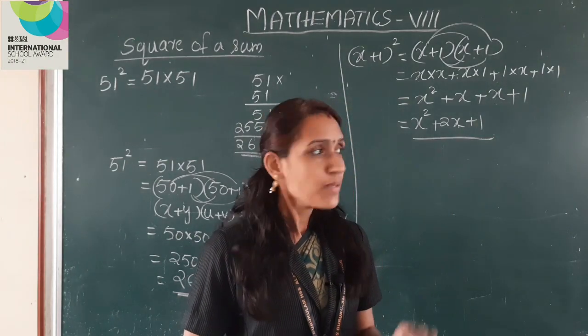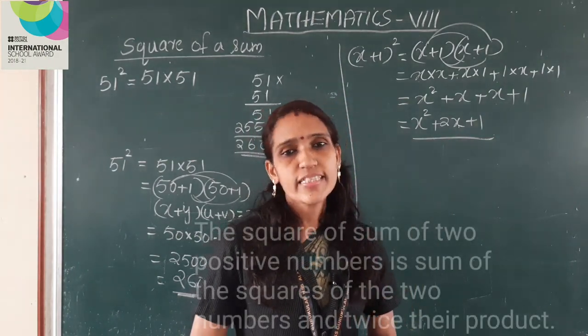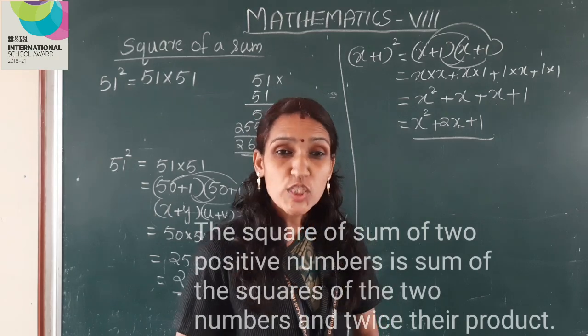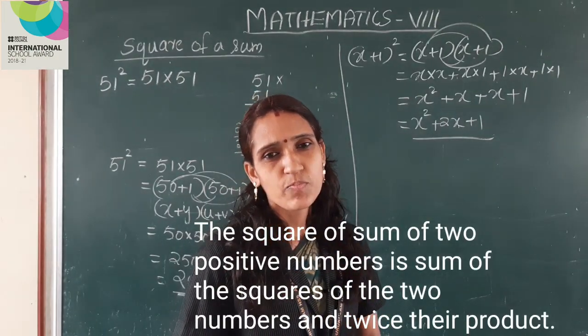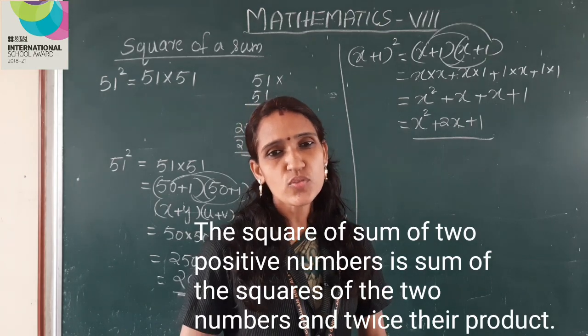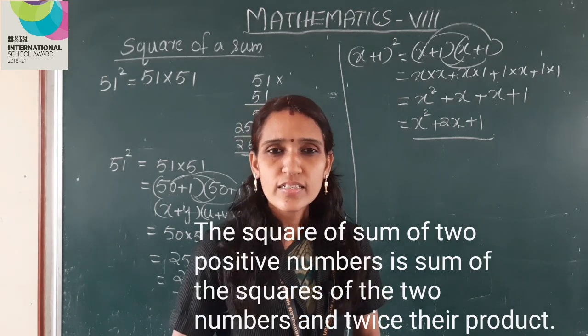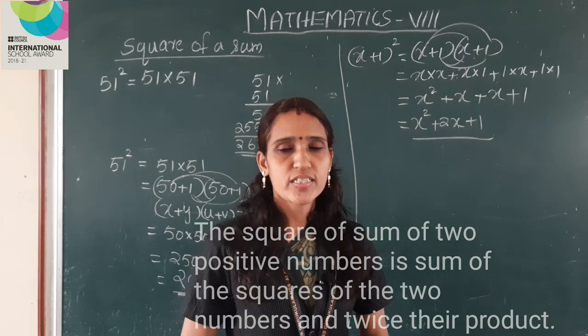From this, we reach a general principle. The square of the sum of two numbers is the sum of the squares of the two numbers and twice their product.